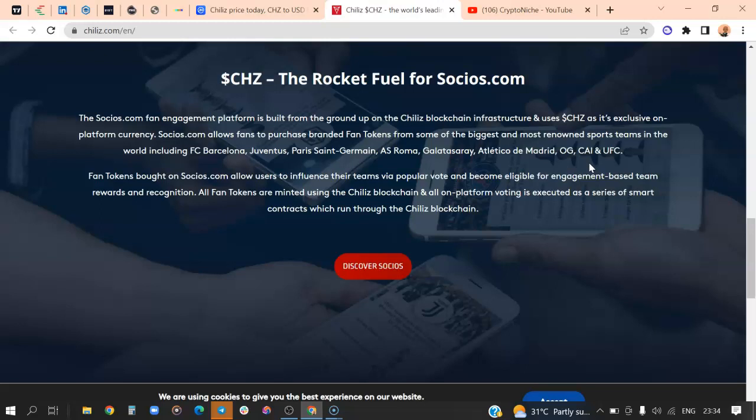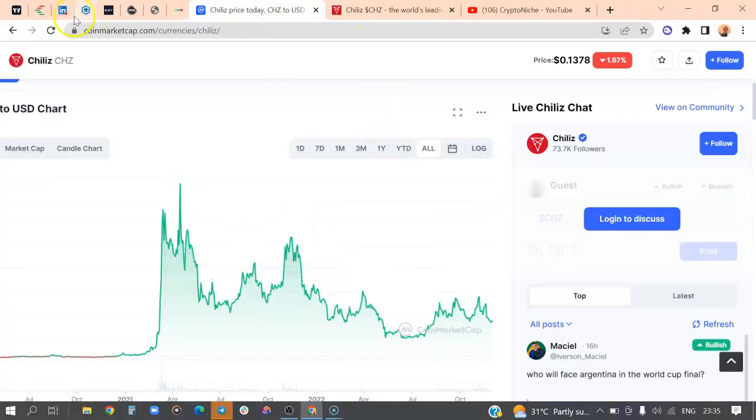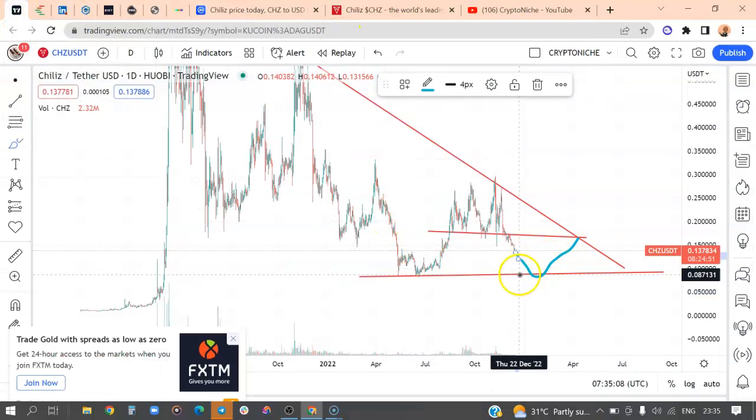By next year, we're going to be having a new football season for these clubs, and that's going to provide fertile ground for Chiliz to rally up after testing this support.